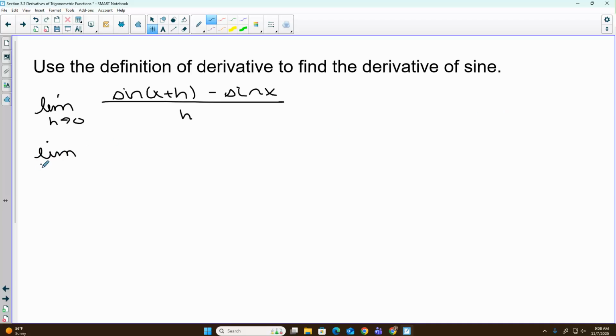Okay, look back at those trig identities I had you write down for today. If you have the sine of x plus h, the sine sum formula, how do you break it apart? Sine x cosine h, cosine x sine h.